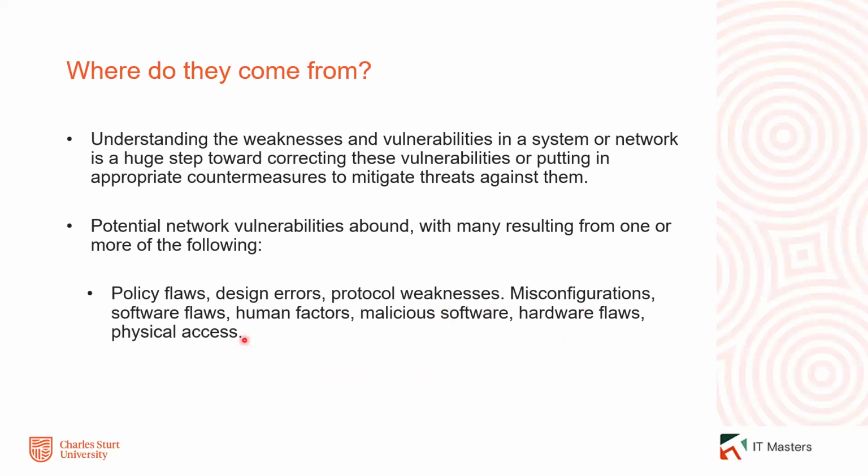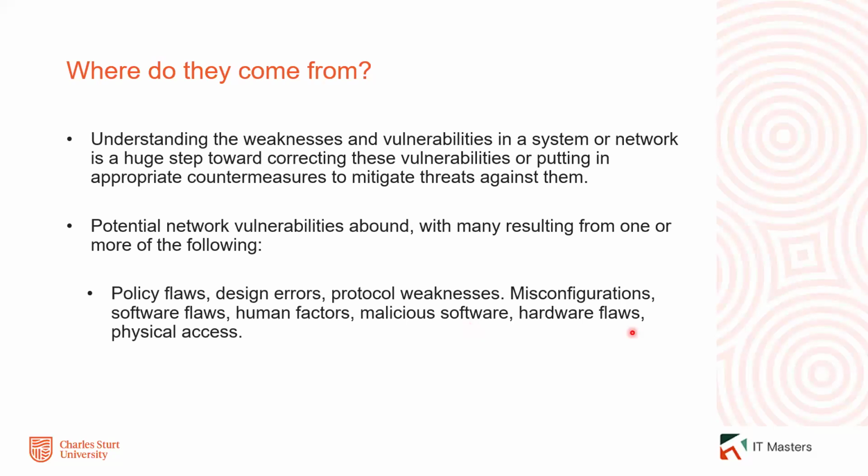Misconfigurations are a big one. Software flaws, so software bugs, for example. Human factors, which we've already talked about in our social engineering. Malicious software through the implementation of malware or viruses or worms, trojans, backdoors, as we've discussed. Hardware flaws, so this is literally faults built into hardware. So think of things like lights out or remote access to servers, for example, through network interface cards.